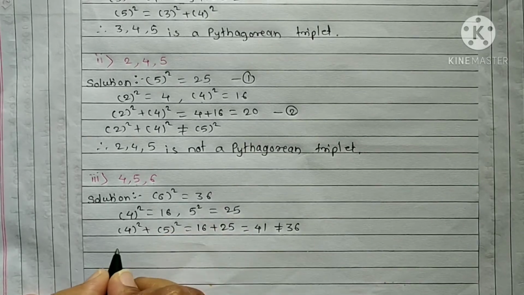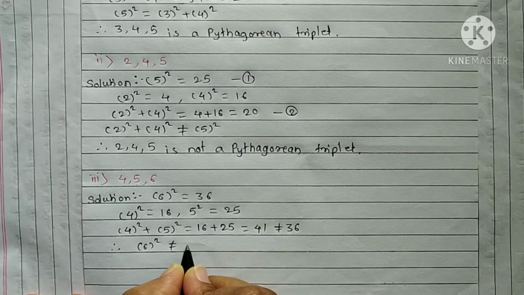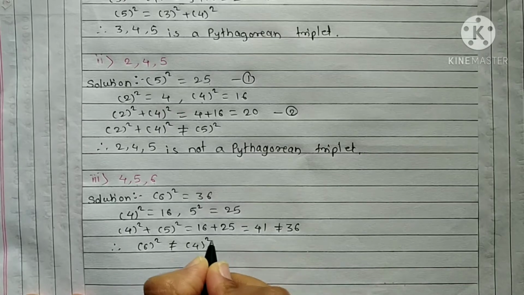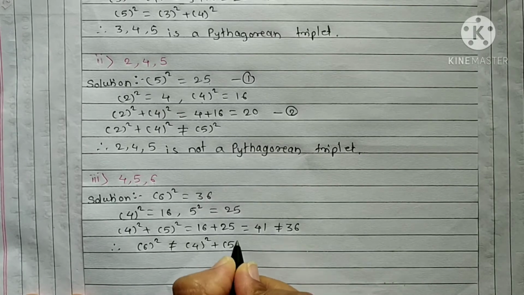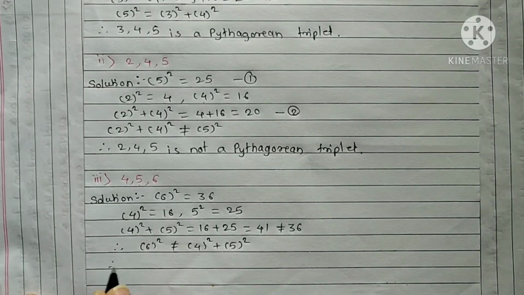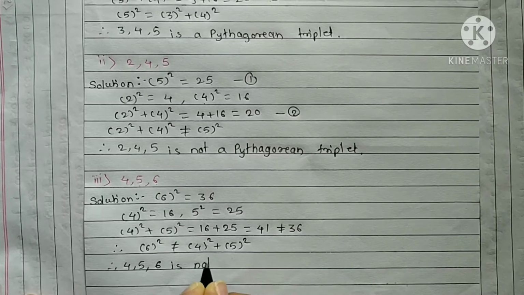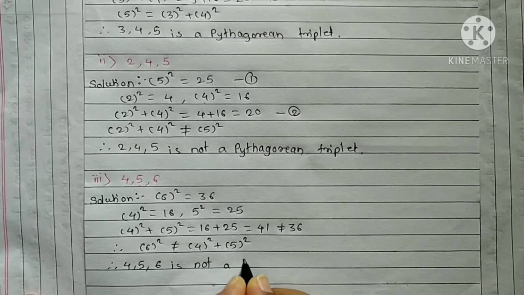Therefore we can say that 6 square is not equal to the sum of squares of the other two numbers. That means 4, 5, 6 is not a Pythagorean triplet.